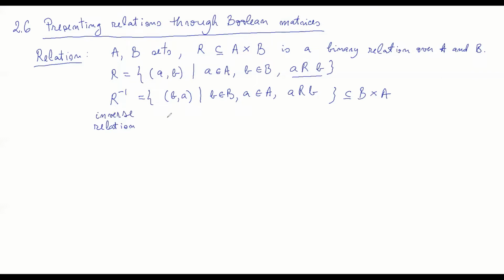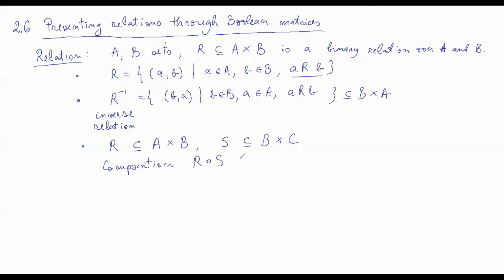We also define a composition of relations. So if we have a relation R over A times B, and we also have a relation S over sets B and C, then we define the composition. So a composition or composed relation R circle S, I just denoted like this.